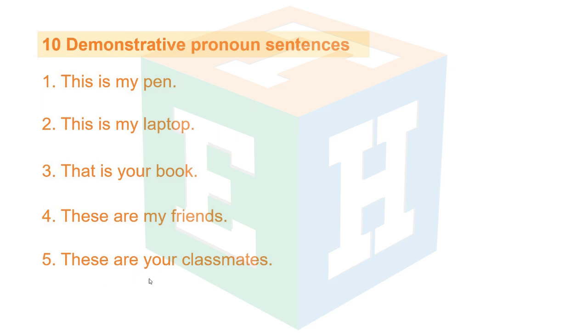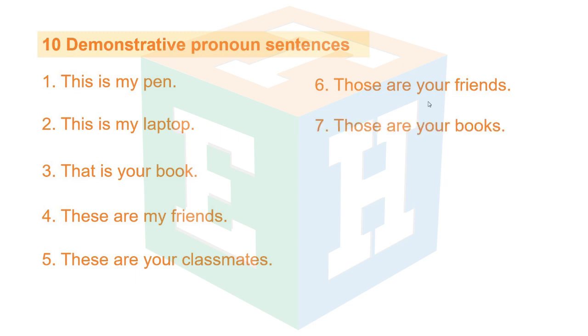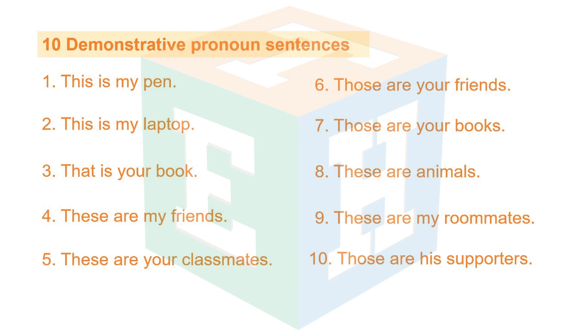Number 6, those are your friends. Number 7, those are your books. These are animals. These are my roommates. Number 10, those are his supporters.